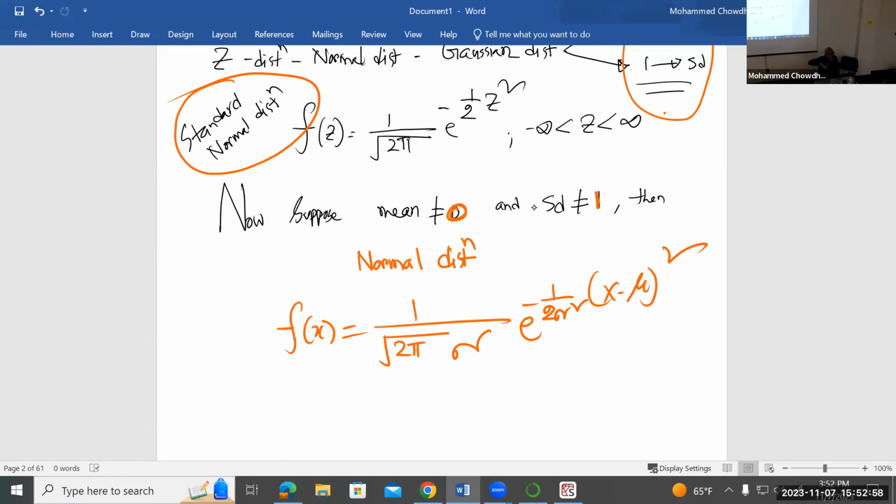Because when you find the probability from the probability table or Python, they use this mathematical function to integrate and come out with that percentage value. Are you understanding? Down the road, you might have a question: Dr. Choudhury taught us how to use the table and how to solve this problem, but he did not explain how these probabilities are computed, what formula was used. So this is the formula that was used.